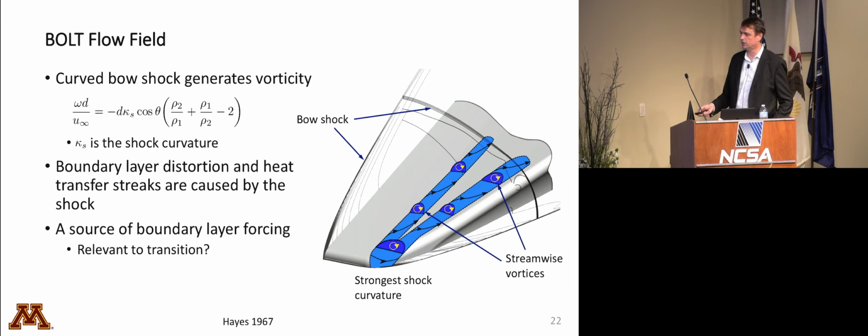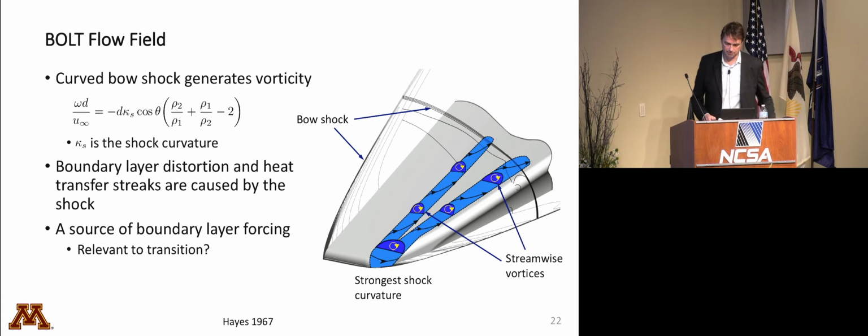If the free stream is perfectly steady, then that disturbance is steady, and that's what you see in the CFD images. Of course, if the free stream is not steady, then this could be jittering, and those disturbances could be varying. But the streaks actually come from a reason.